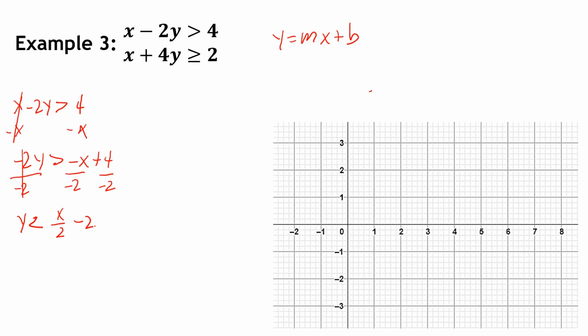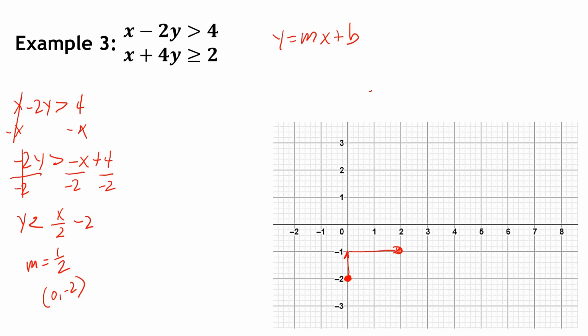Again, every time you divide or multiply by a negative number in an inequality, the inequality symbol will change. If it's greater than, it will become less than. If it's less than, it will become greater than. So our slope here is 1/2, and the y-intercept is at 0, negative 2. We start with the y-intercept, and then from there, use the slope to find the other point. That's 1 unit up, 2 units to the right.